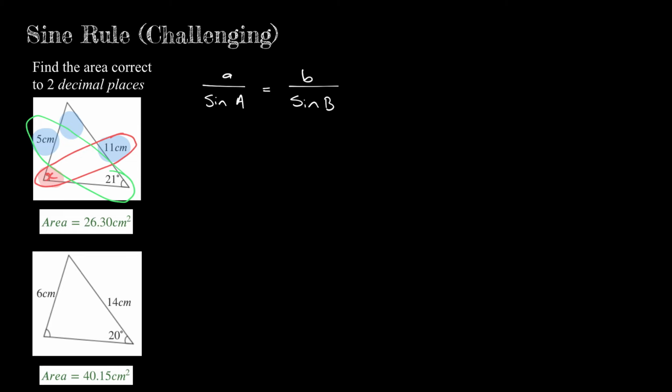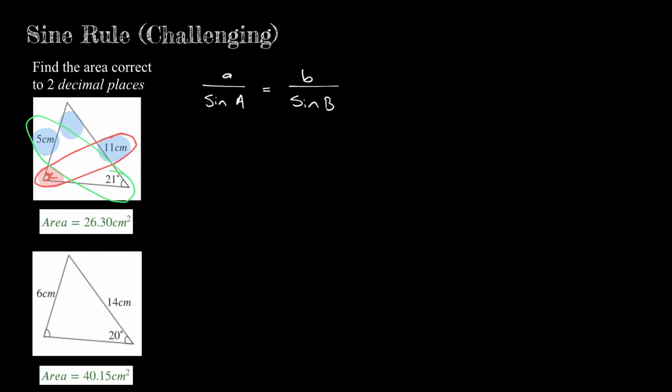Now what we're going to do is just fill in the information. From dealing with the sine rule in the past, I've said to you that I always like to keep my unknowns in the first fraction. So totally up to you, but I would advise you to keep your unknowns in the first fraction. So in this case, we'll do the red ones first because the unknowns are in the red one.